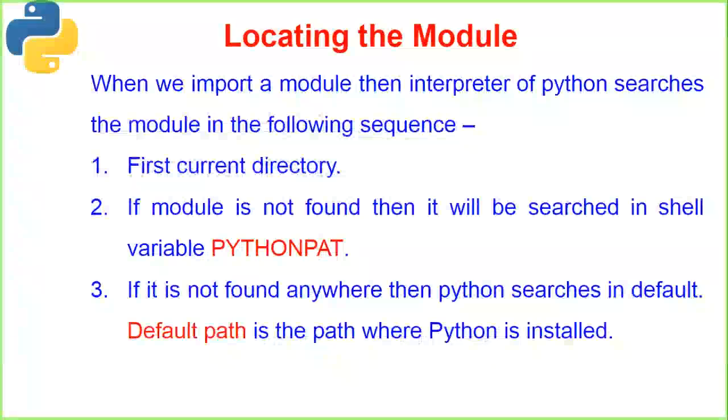run a program, the interpreter interprets your program. It goes in search of the module which you have imported in your program. Very simple thing: when you import any module in your program, as soon as this module is encountered while interpreting the program, the interpreter goes in search of that module, the location where it can find the module.